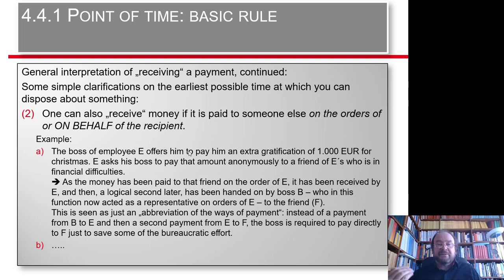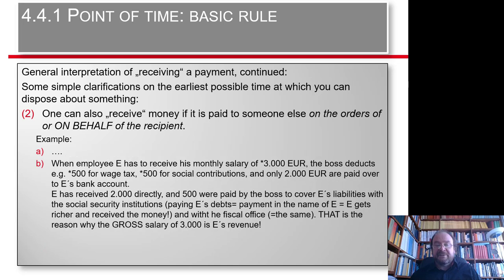And legally, you still have a payment to E and a payment from E to F. So it would be treated as such under tax law. So E received the money, same as the candidate in the quiz show example. You also receive money if it is paid for you to others.